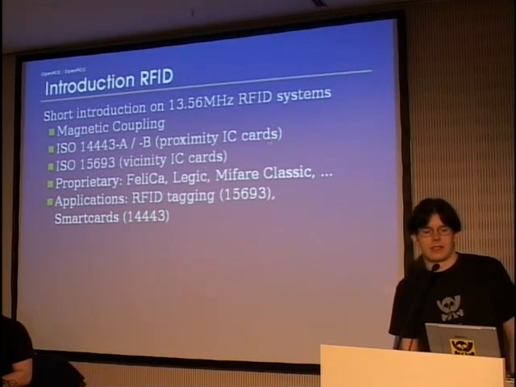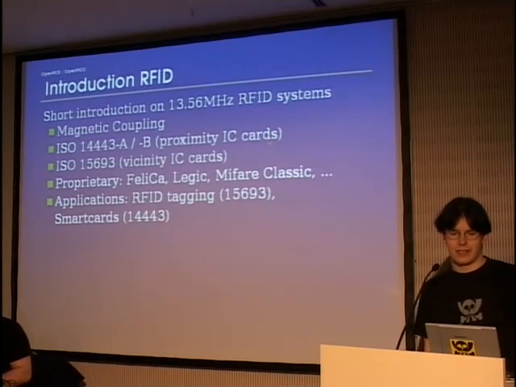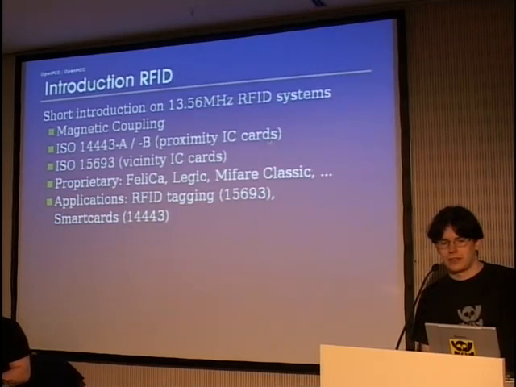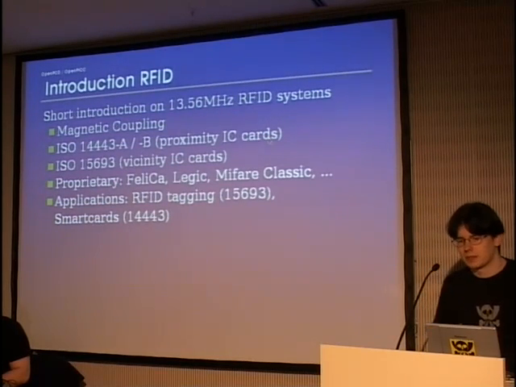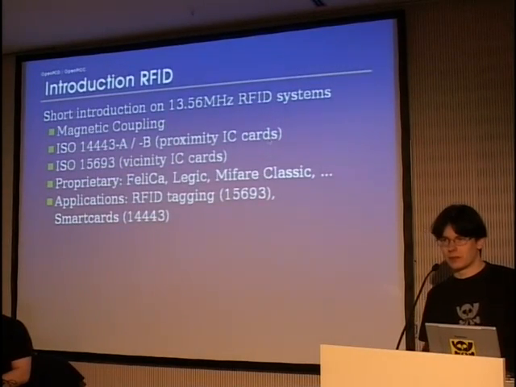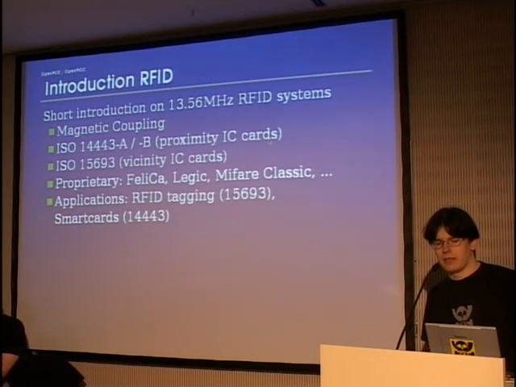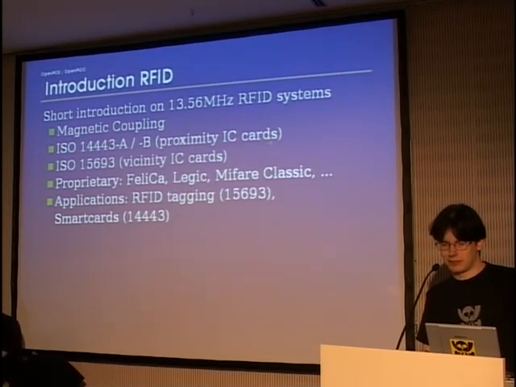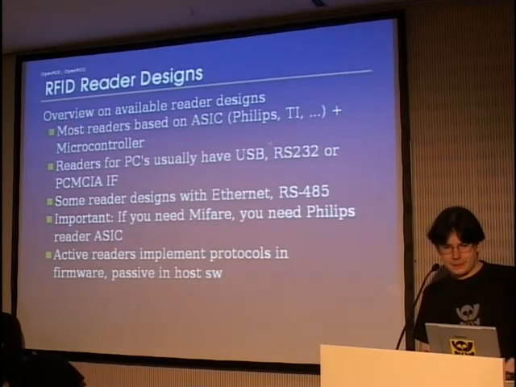The common standards and non-standards in this area are ISO 14443A and B, which are called proximity IC cards. There's ISO 15693, which are called vicinity IC cards. And there's a number of proprietary or more or less proprietary systems, such as Sony Felica, Legic, MyFair Classic. And it's mostly used for cryptographic smart cards and for identification purposes.